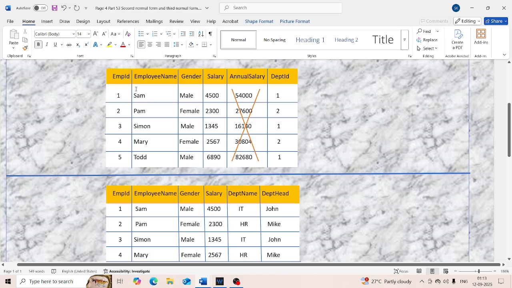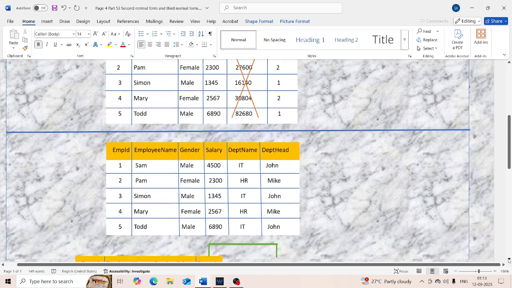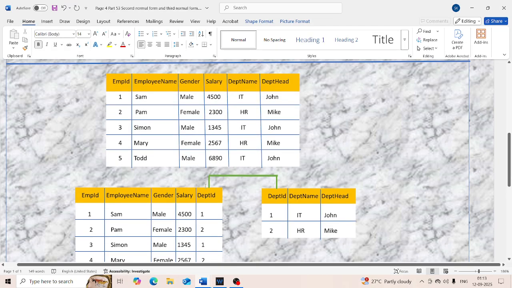It is also dependent on the salary. Similarly, department head is not fully dependent on the primary key. It is also dependent on the department name.